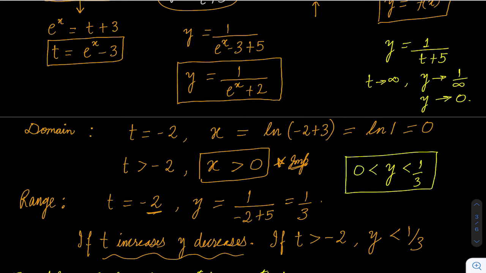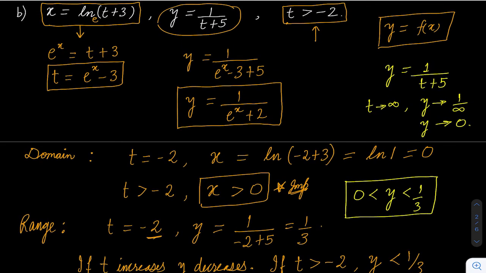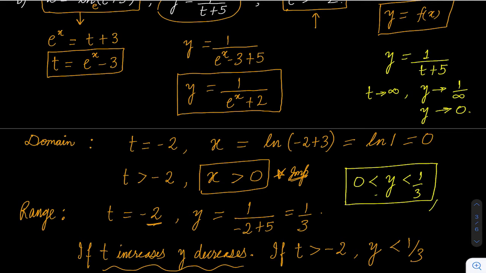As you increase t, y will start to decrease, and at most it can approach 0. And 0 is obviously not possible because 1 upon infinity is not 0. We can say it approaches 0, but it's not 0. So that's why we have open at 0, open at 1 by 3. So this is my answer. This is my range. This is my domain.